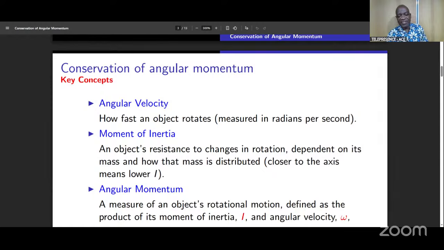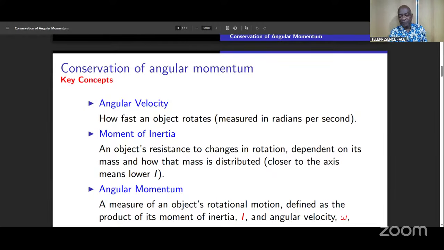Then the next one is your moment of inertia, I, which is an object's resistance to changes in rotation, dependent on the mass and how it is distributed.